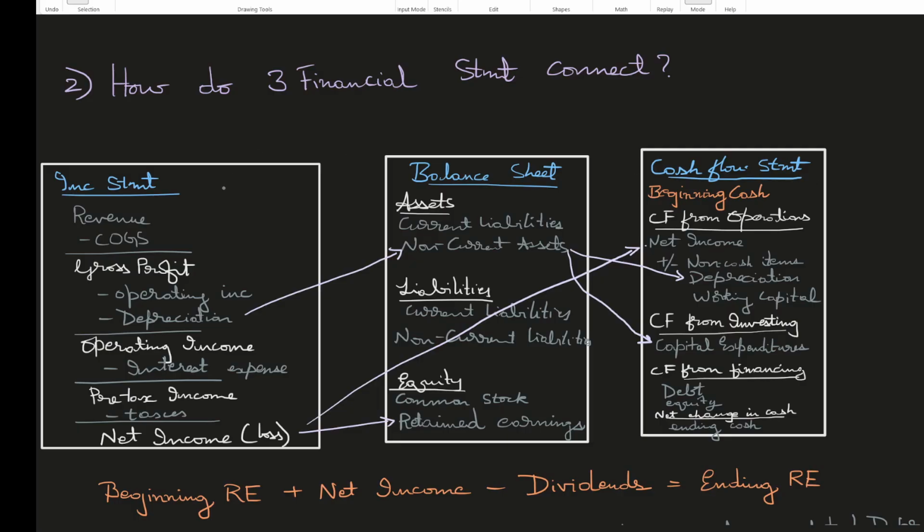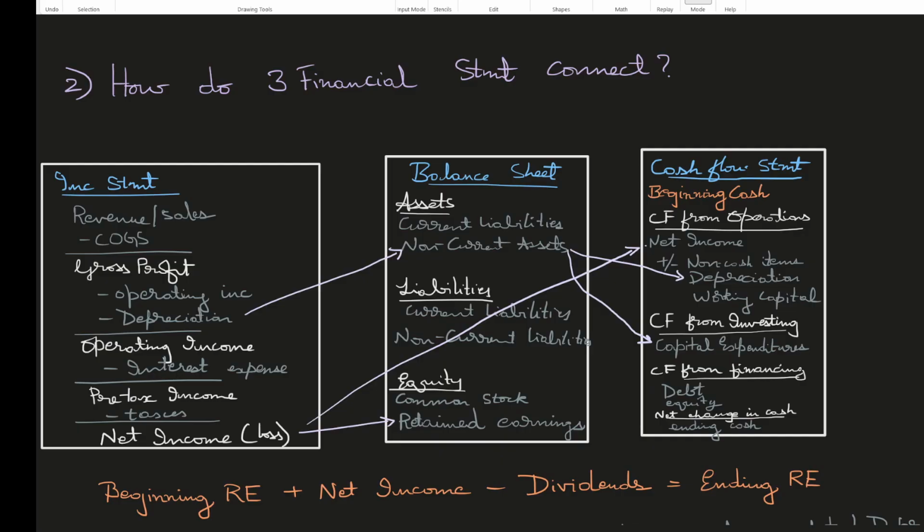The income statement is further broken down into sales. Sales is nothing but the revenue, minus COGS. COGS stands for cost of goods and services. When you subtract COGS from sales, you get the gross profit.